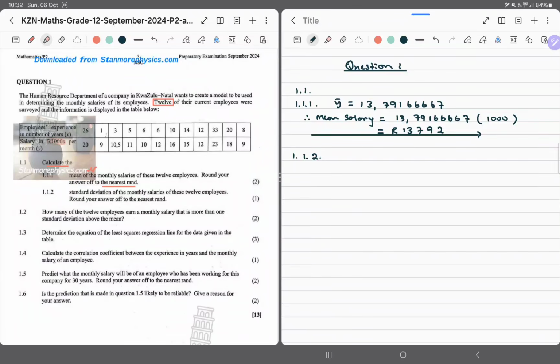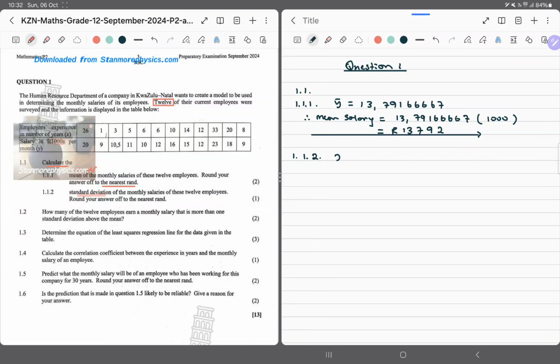All right, so 1.1.2, we need to find the standard deviation of the monthly salaries of the 12 employees. Again, we go to shift, option 1. Again, we go for the variance, and then we want the standard deviation in terms of y. So that's option 6 here, and then it gives us the answer.